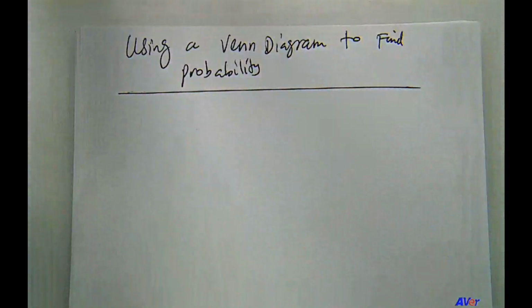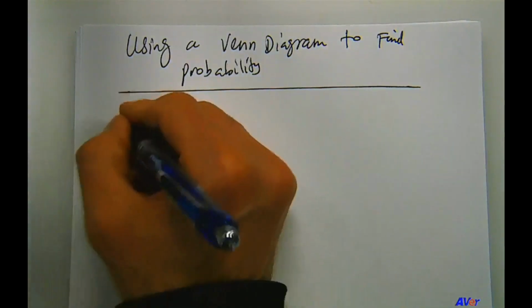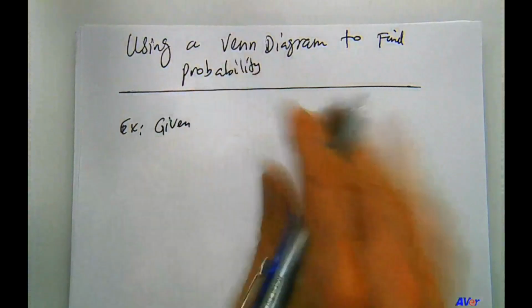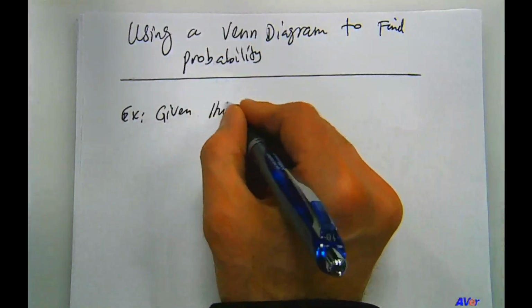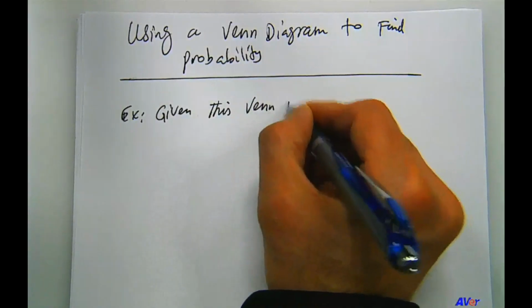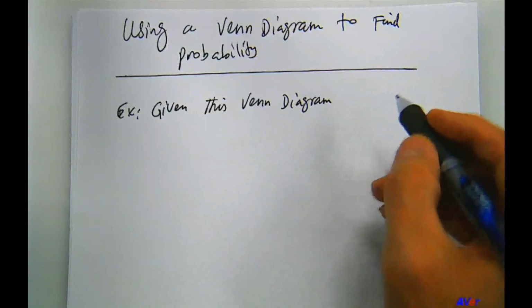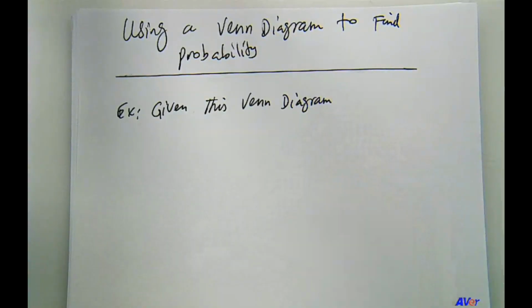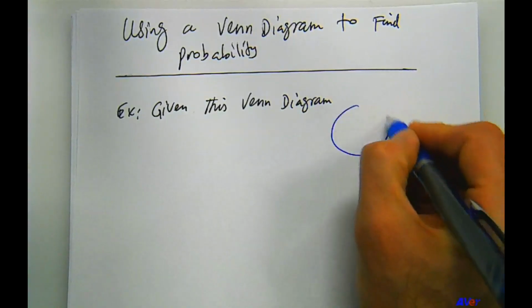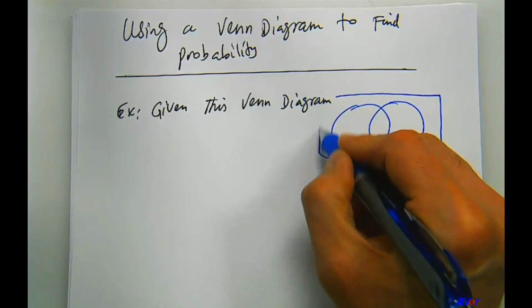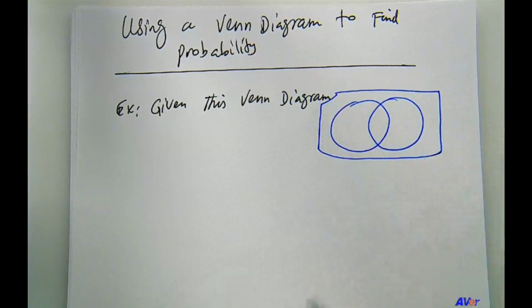Suppose we have an example where it says that given this Venn diagram, okay, let's draw that. So we have two circles like this overlapping, and the sample space like that.